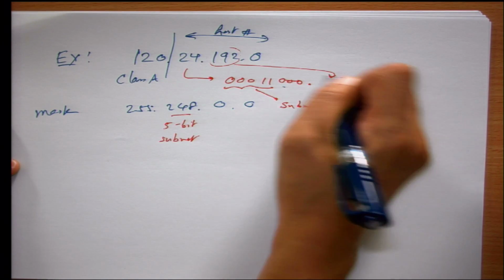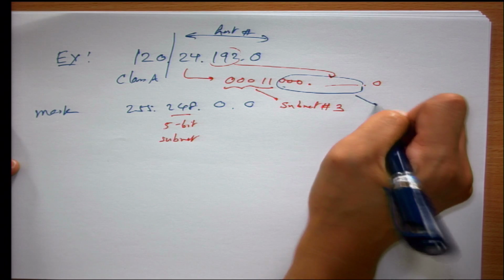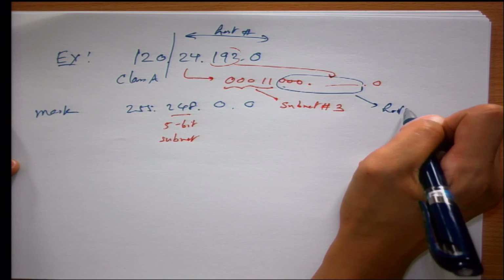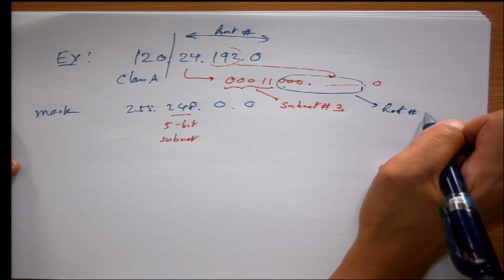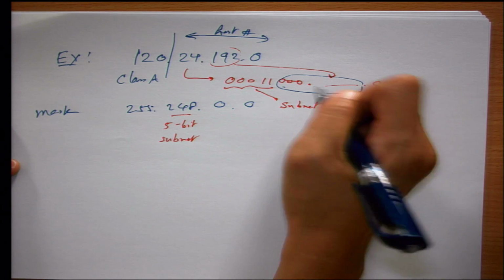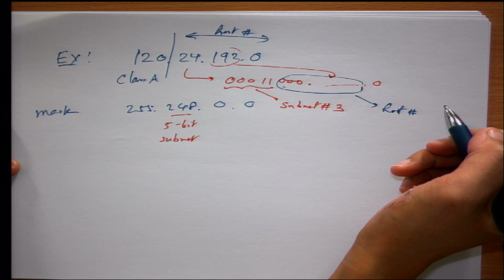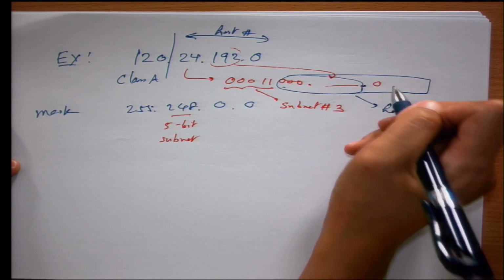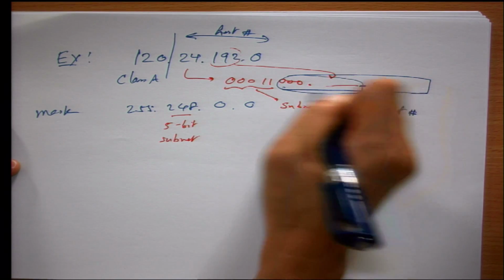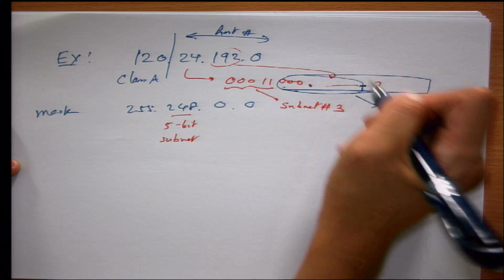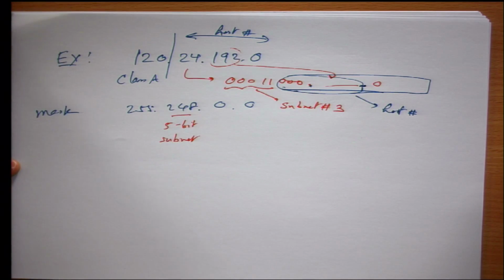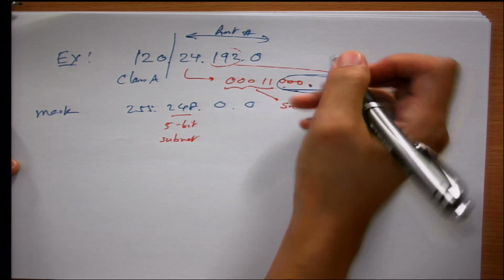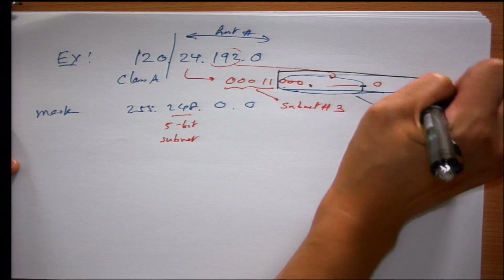Okay, so the number here is the host number. So this is the host number, the last 16 bits, with the host number from here to here.